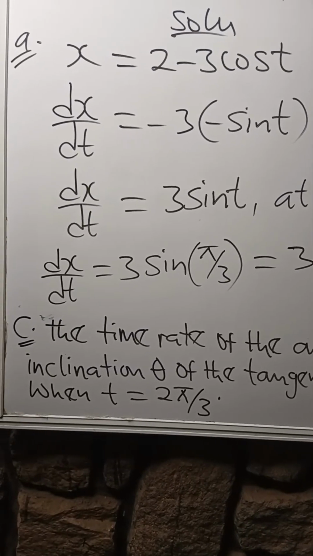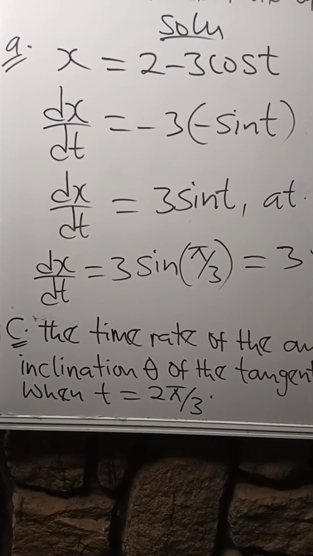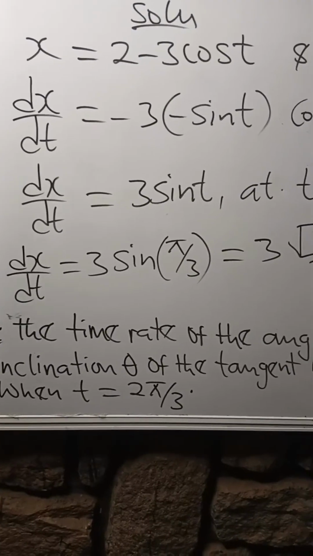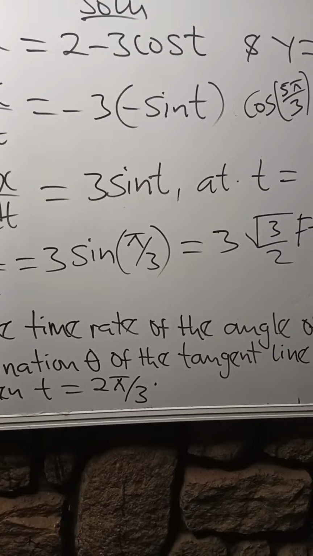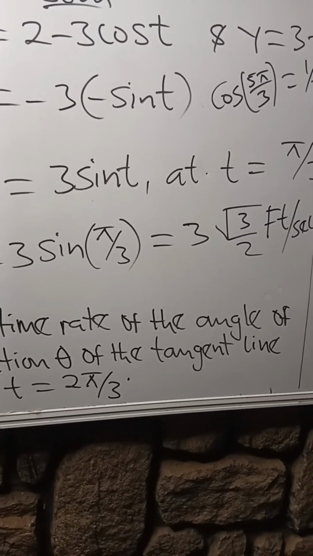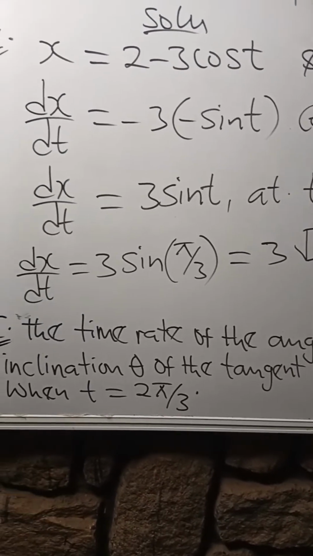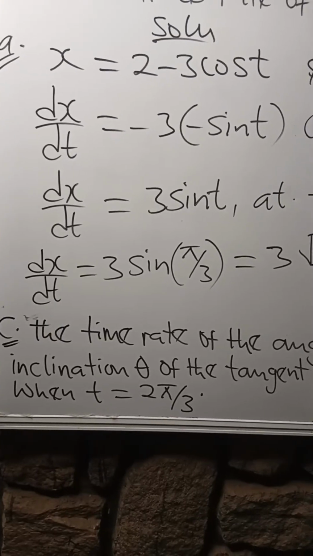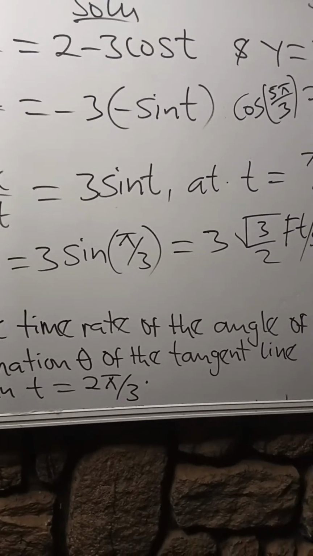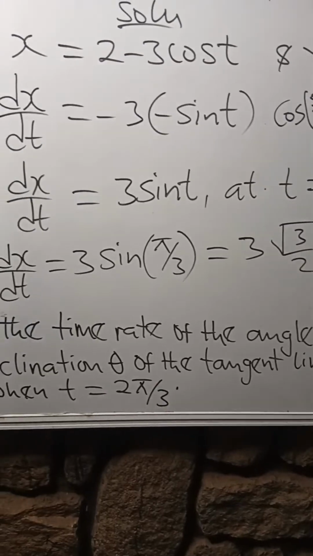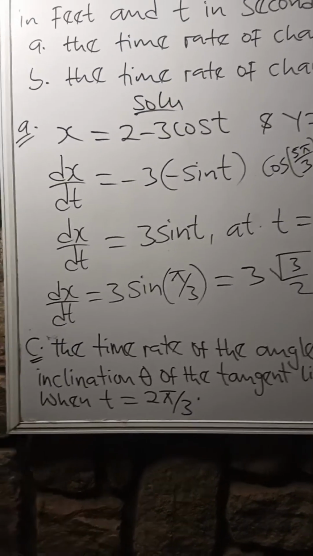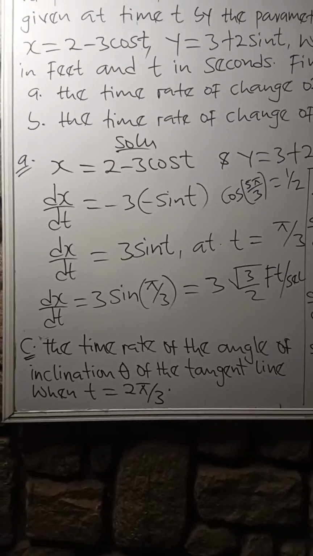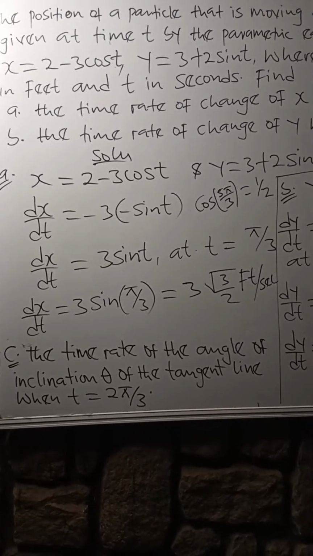Try and do it this night. The time rate of change of the angle of inclination theta of the tangent line when t equals 2 pi all over 3.